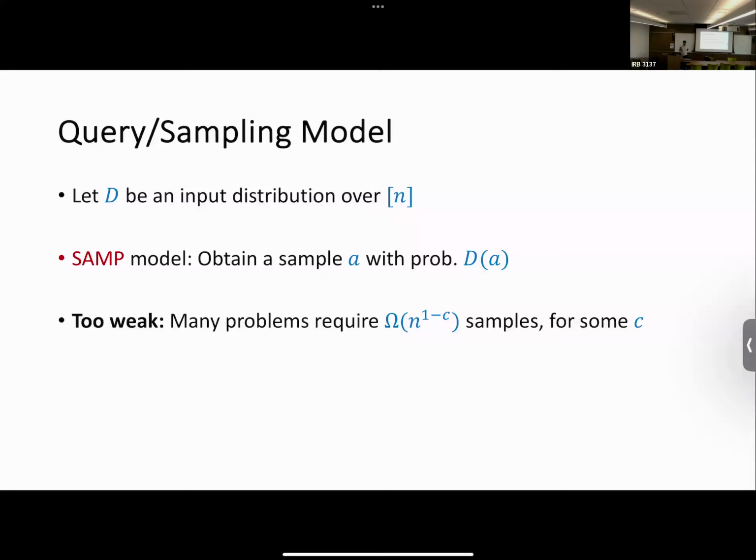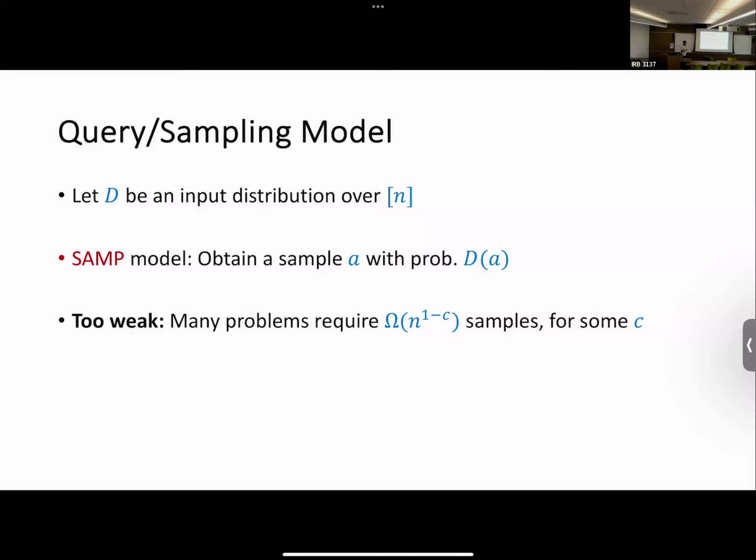This is the most natural sampling model, and all these problems were initially studied under this model. But although we can get many non-trivial results, it turns out that this model is not that powerful. For many natural problems, we need lots of samples.